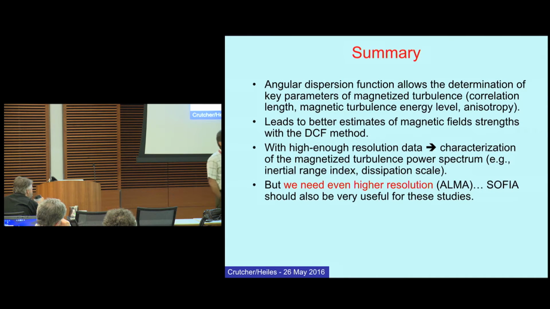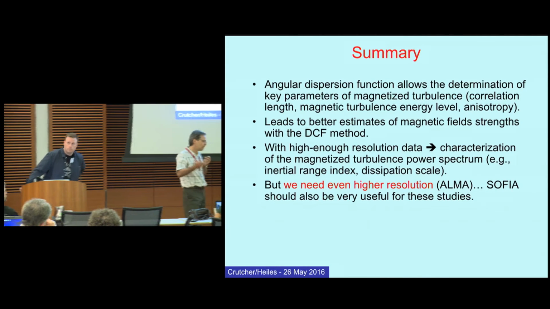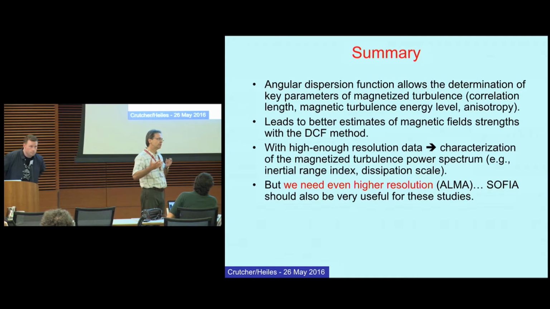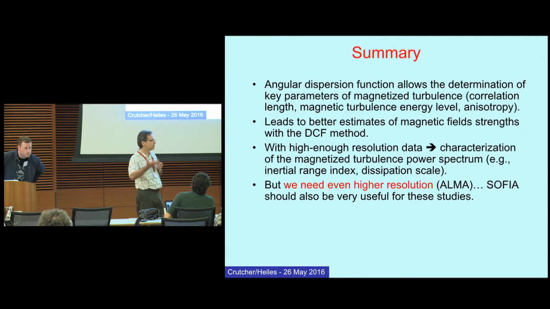And I don't think it's better than a factor of 3. So when I say 1 milligauss, it could be 0.4, it could be 3, I think. There's a lot of uncertainty. That's without talking about the uncertainty related to the DCF equation itself when applied to these systems. So Chris was telling me last night, what we need to do is a lot of measurements and get some statistics, and hopefully these factors of 3 will cancel out.